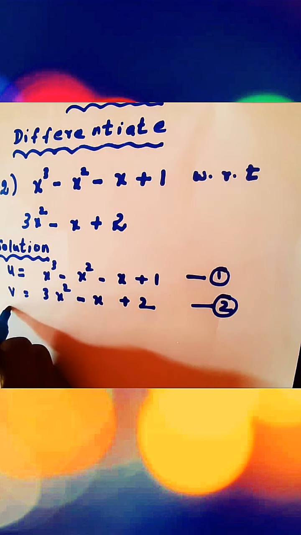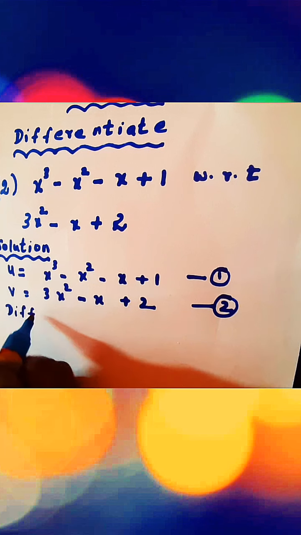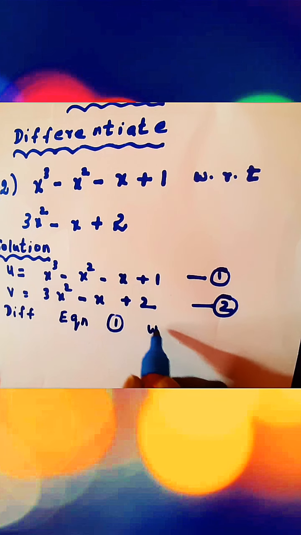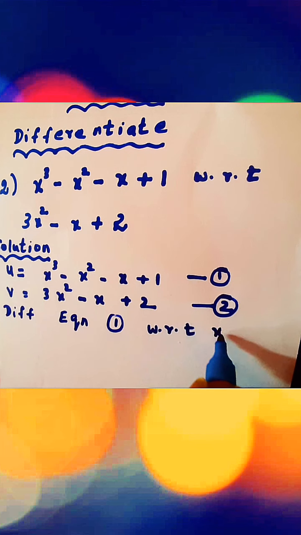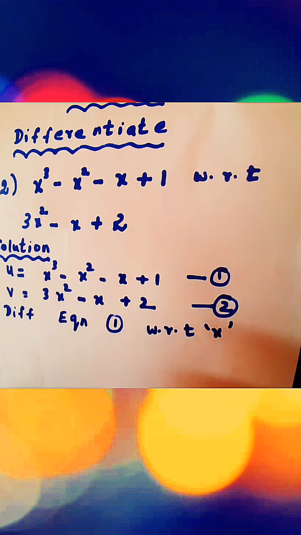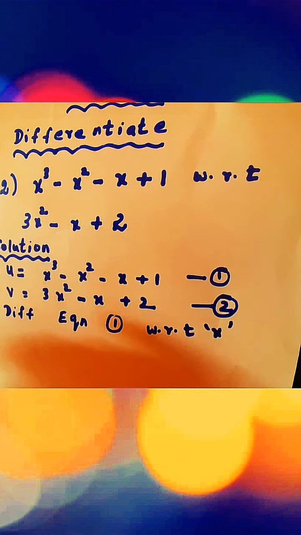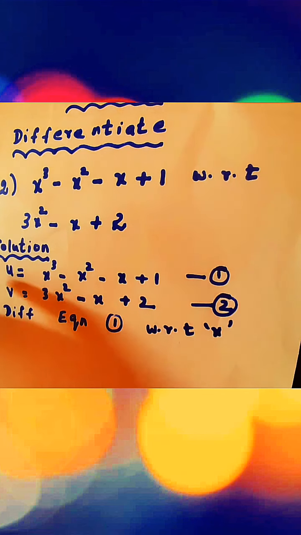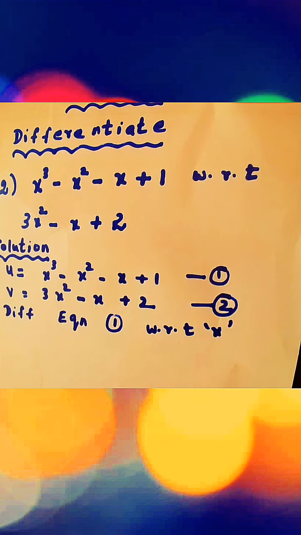Now we'll differentiate equation 1 with respect to x. For that, we'll differentiate u with respect to x, and then we'll differentiate v with respect to x, and then finally we'll find what du by dv is.